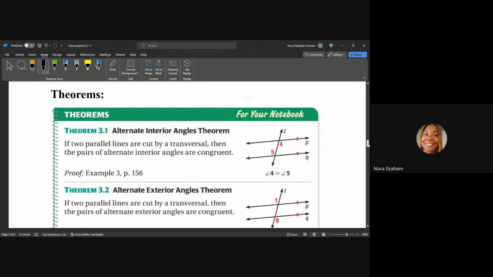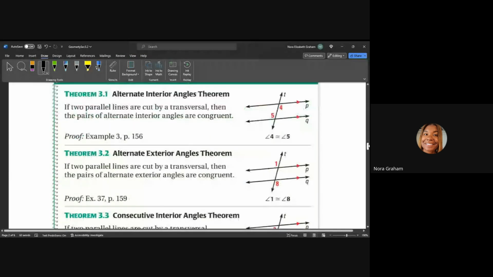So unlike postulates that we assume, theorems have actually been proven, so we know they're 100% right. So for this first theorem, we have the alternate interior angles theorem. This is stating if 2 parallel lines are cut by a transversal, then the pairs of alternate interior angles are congruent. All right. So we can say angle 5 and angle 4 are congruent by this theorem.